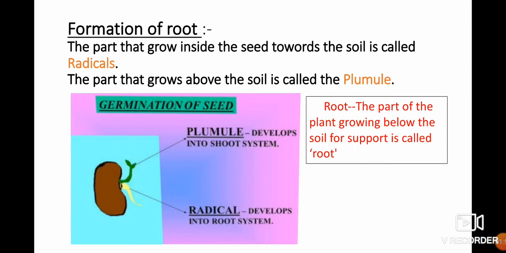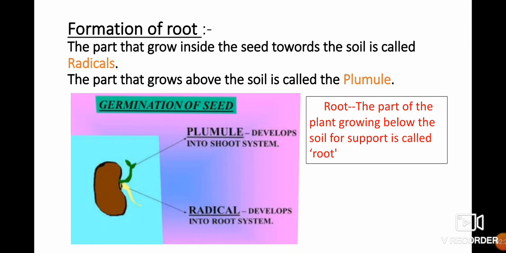See the proper labeling: plumule and radicle. These are the two parts you are observing in that seed. So what is the definition of radicle? The part that grows inside the seed towards the soil is called radicle. You are observing the yellow part which grows inside the soil, towards the soil, so it is called radicle.